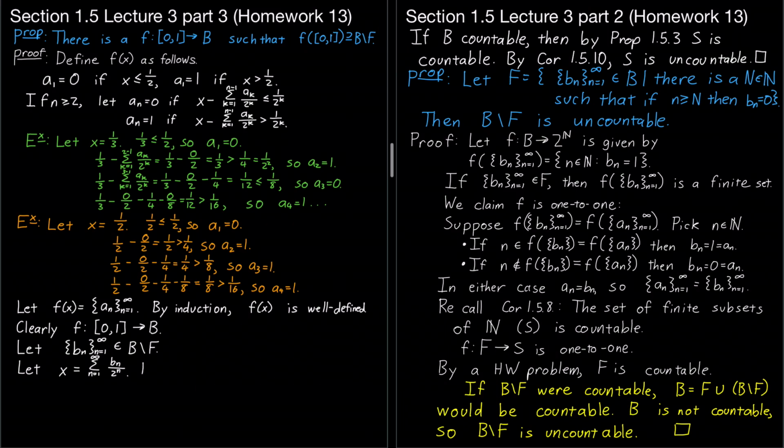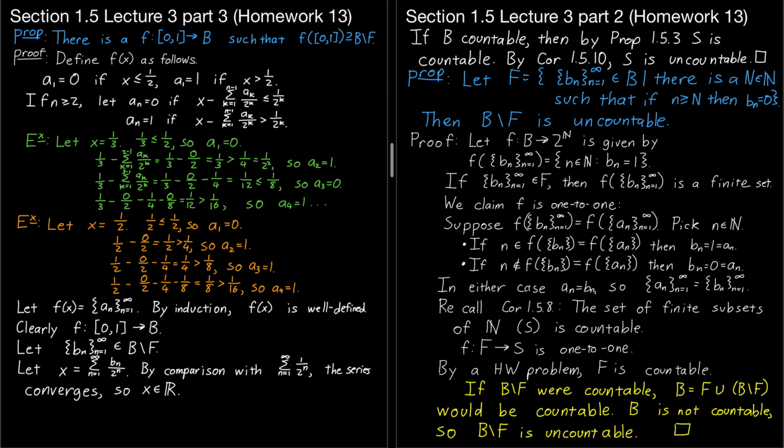So by comparison, we remember the comparison test, by comparison with the absolutely convergent sequence, the convergent sequence of positive numbers, the series converges. So x is a real number.